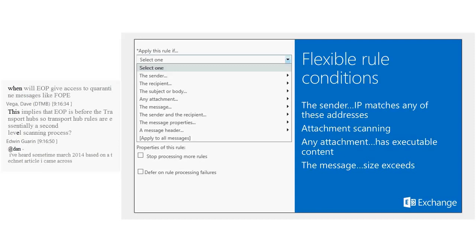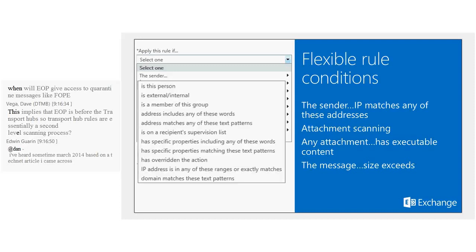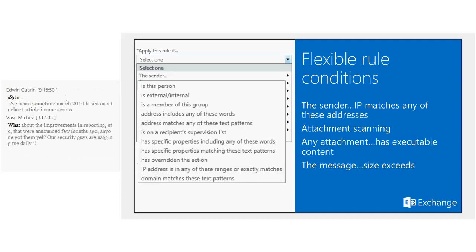And we provide those great details which allow you to decide, hey, this is the condition I want to enforce. So for example, in this case, I'm selecting that this person is external or this person is a member of a particular group, then apply a policy.